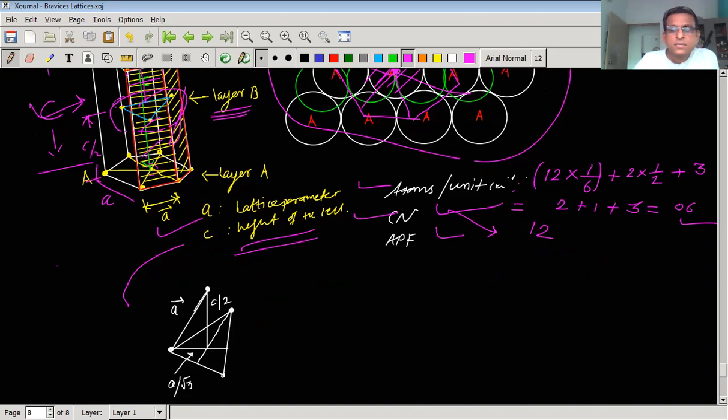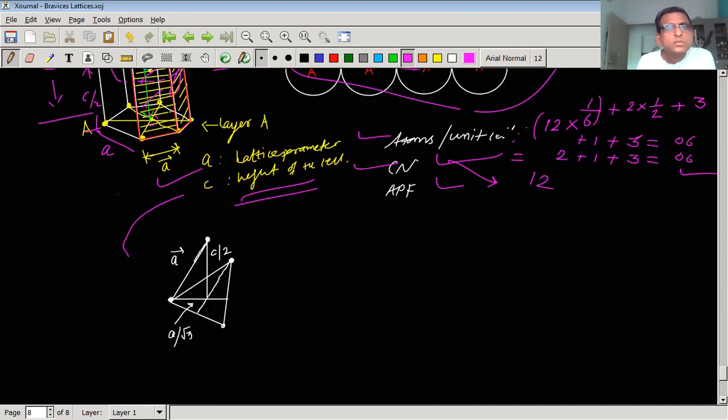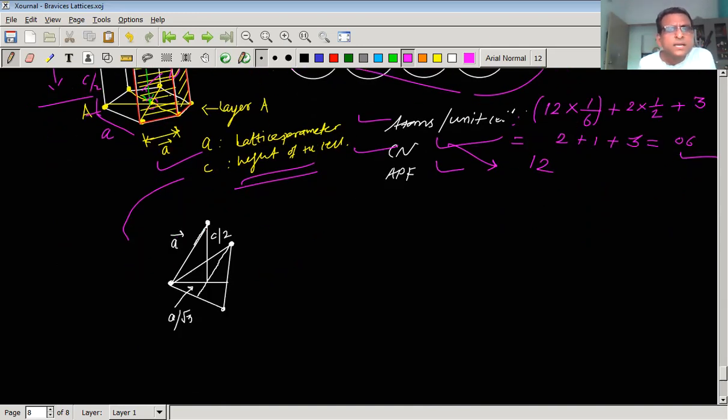So the same thing I have shown here. This is the distance A between the two atoms, and this is the basal plane. So C by 2 is the distance of the central atom from the basal plane, the center of the basal plane, we can say.